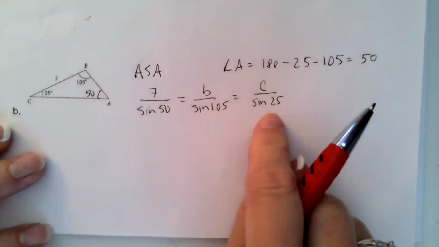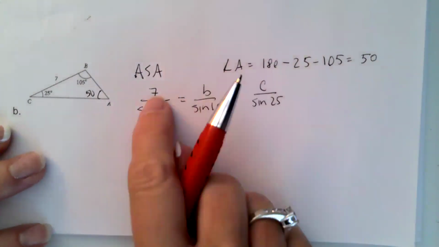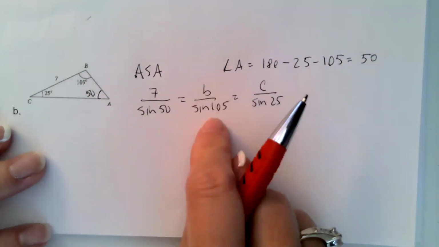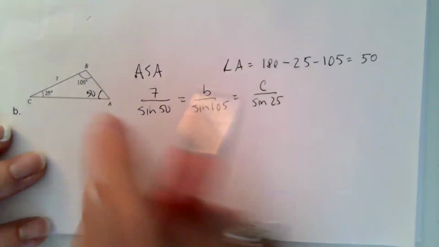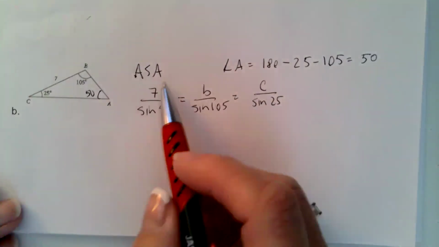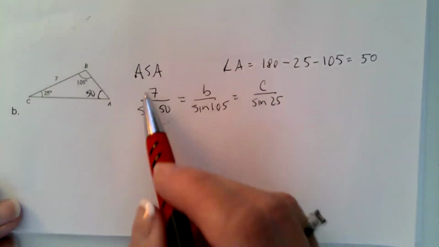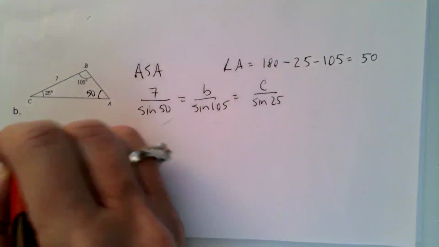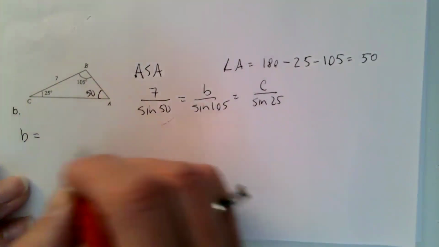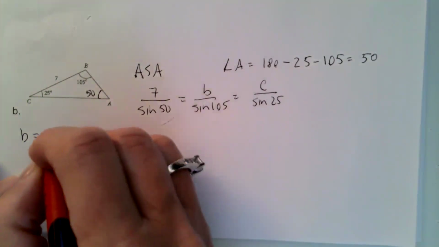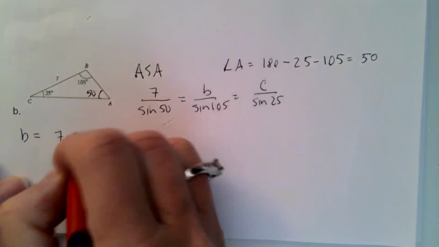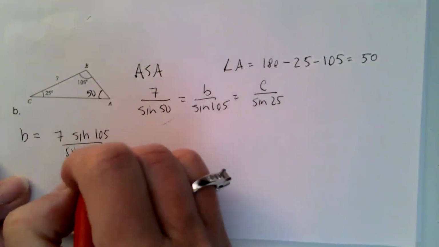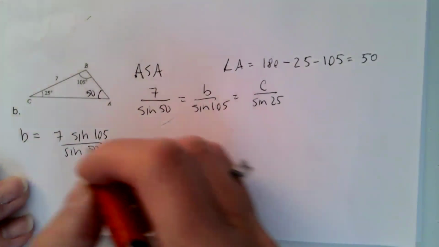So since angle C is the smallest, its side is going to be shorter than side 7. And angle B is the largest, so its side will be the longest. So 7 over the sine of 50 is going to be the ratio that we're going to use to find the other ones. So side B will equal 7 times the sine of 105 over the sine of 50.